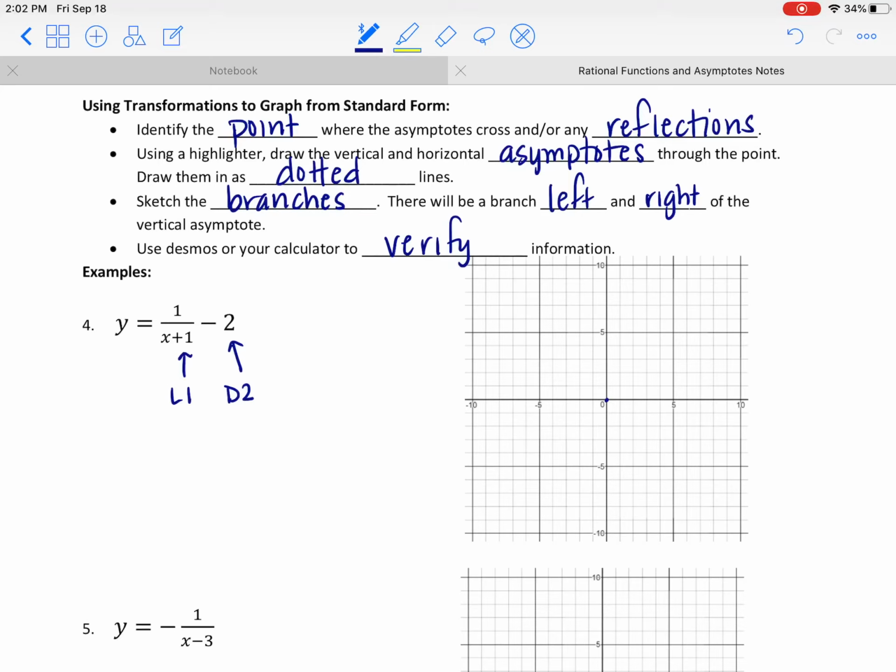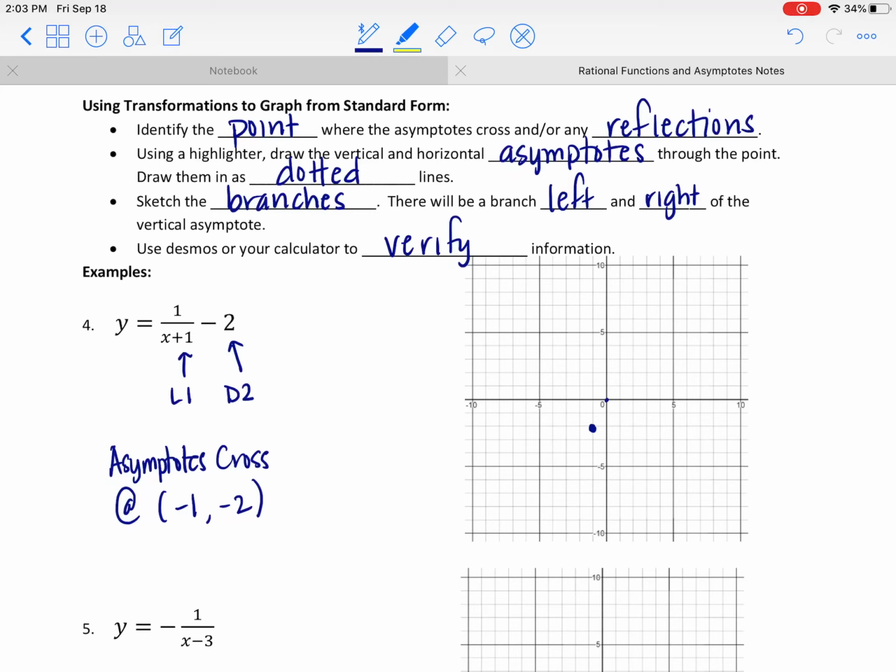So instead of my asymptotes crossing at the origin like they do with the parent function, my asymptotes cross at left 1, which would be -1, down 2, which would be -2. So they're going to cross at -1, -2. So from the origin, left 1, down 2, that's where they cross.